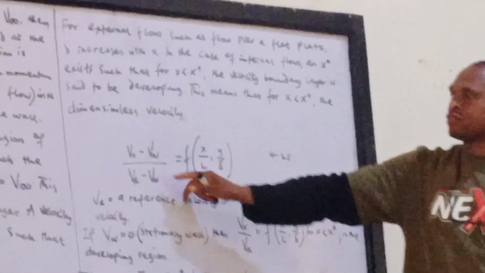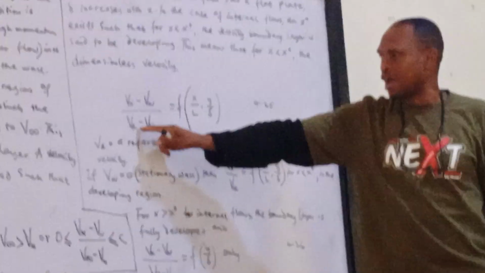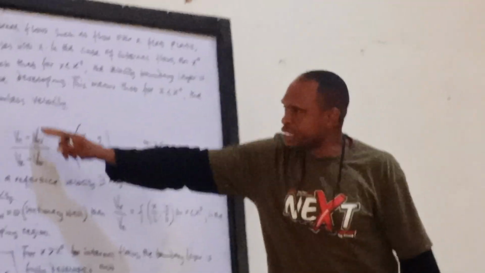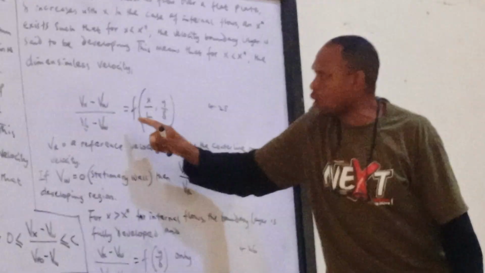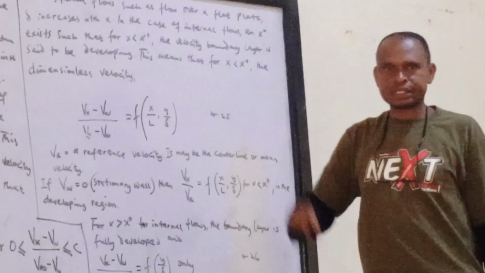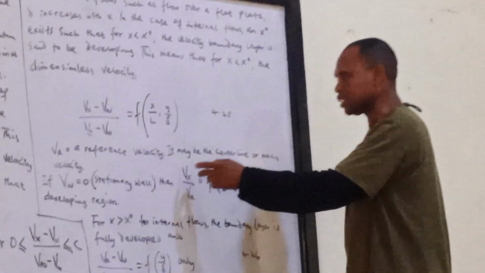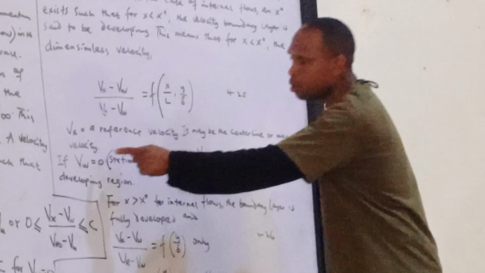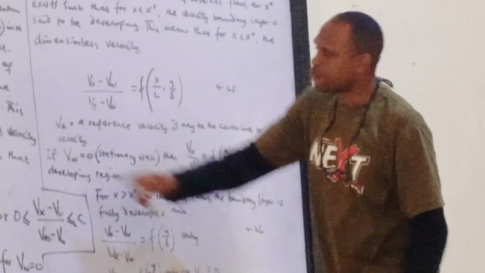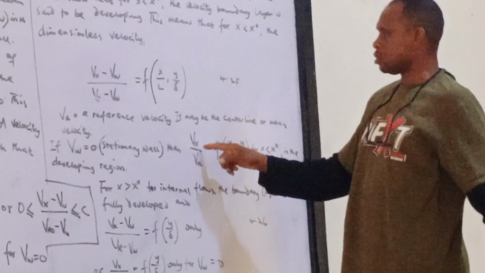Question 4.2. For that, Vx minus V wall, Vr all over Vr minus V wall, is a function of this and this, where Vr is a reference velocity, it may be the center line or mean velocity. If V wall is equal to 0, that's the stationary wall, then this happens.